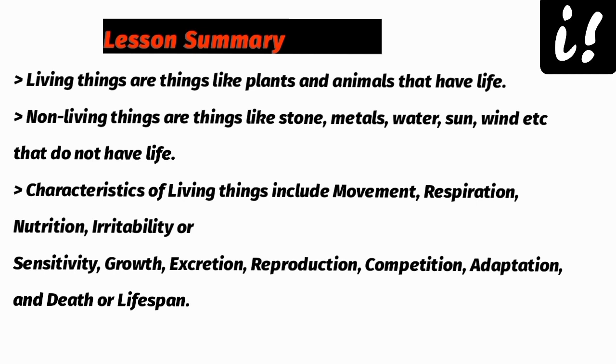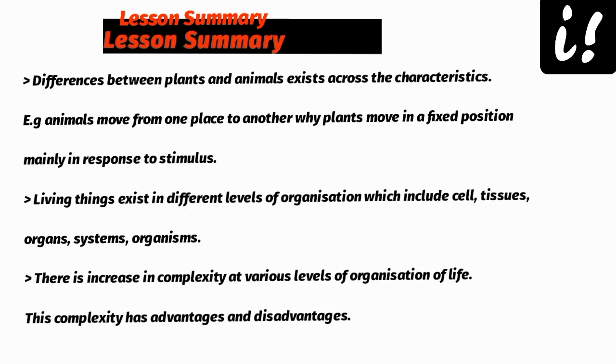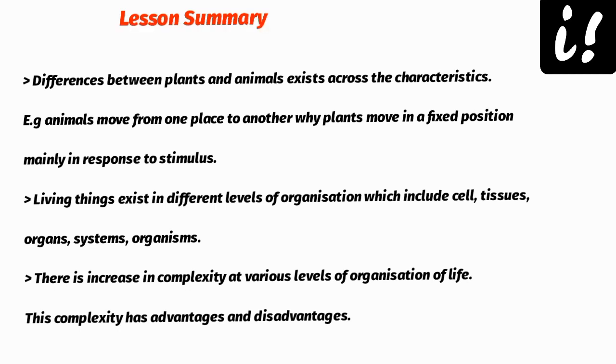Characteristics of living things include movement, respiration, nutrition, irritability, and so on. While differences between plants and animals exist, e.g., animals move from one place to another, while plants move in a fixed position. Now, living things exist in different levels of organization, which include cell, tissue, organ, system, and organism.